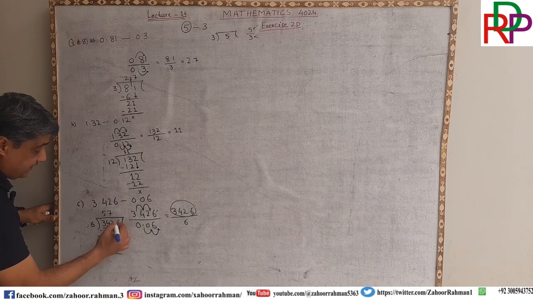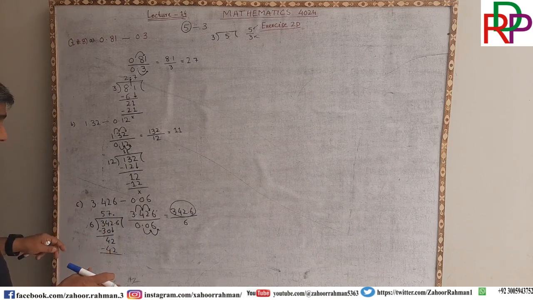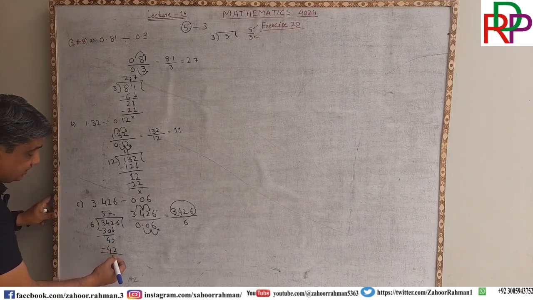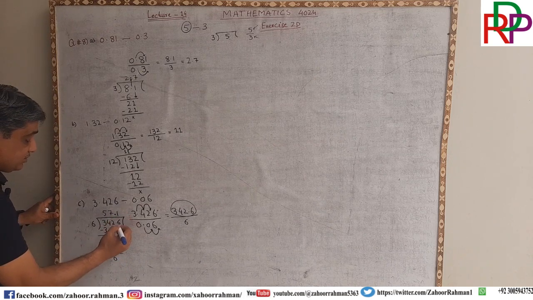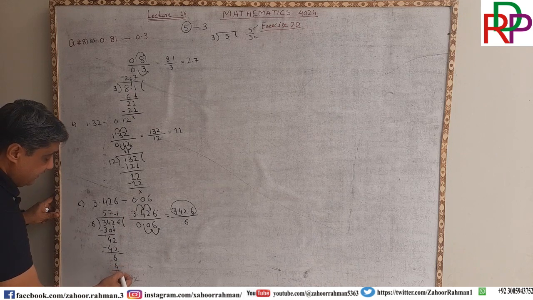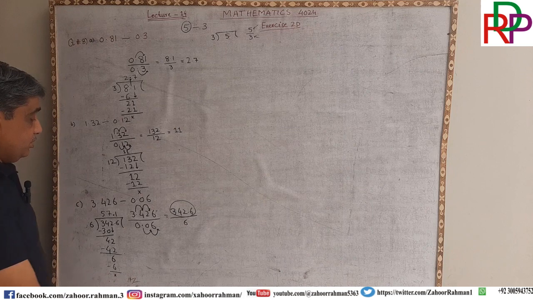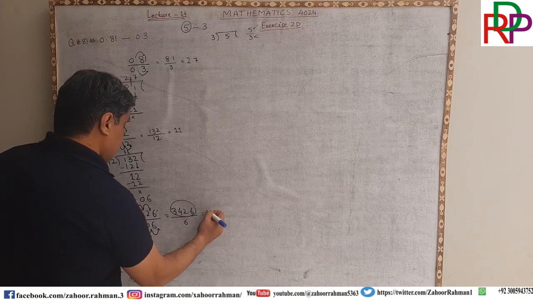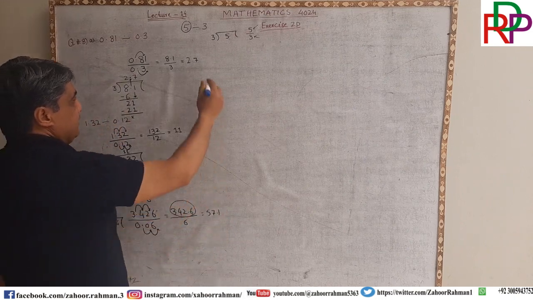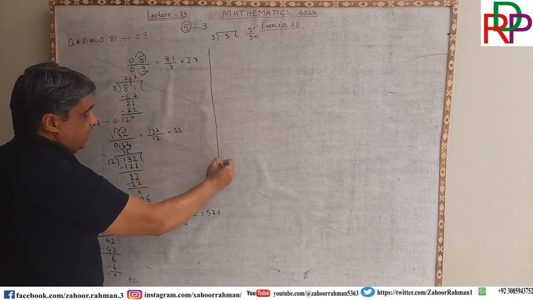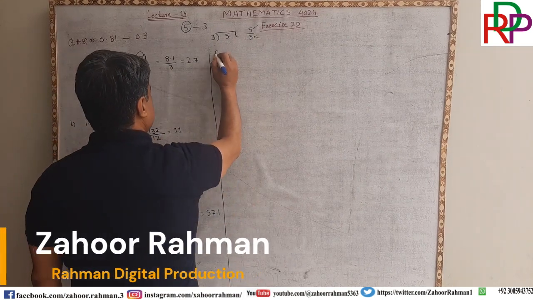When you subtract, now you will shift the decimal upward because it is its turn, and shift this 6 down, and then 6 ones are 6 and then nothing is coming there. So the answer is 57.1.